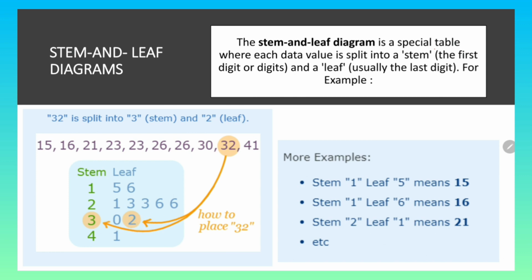For example, if we have stem 1 and leaf 5, it means 15. If stem is 1 and leaf is 6, it means 16. If stem is 4 and leaf is 1, it represents the number 41.